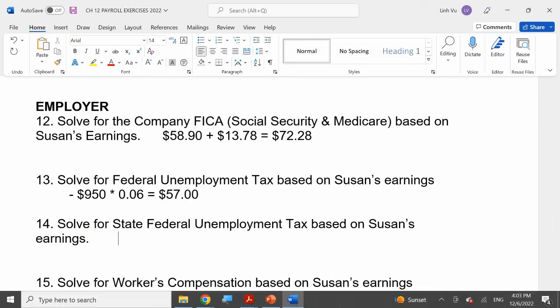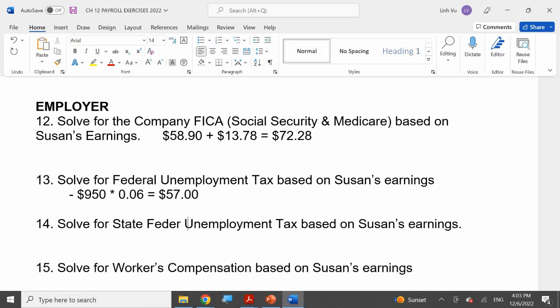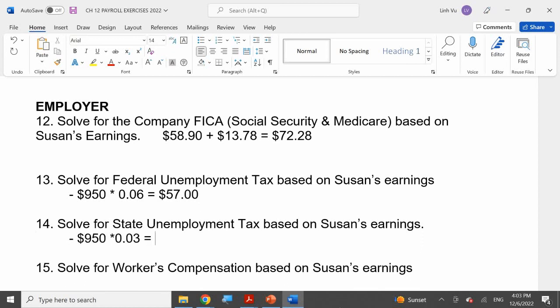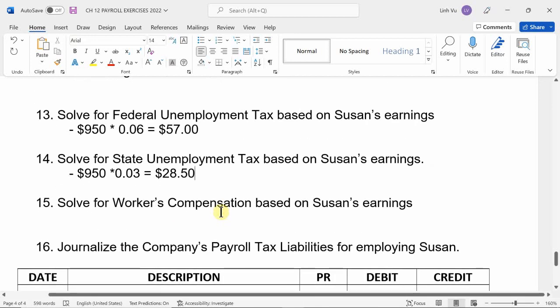What about state unemployment? We're going to use 3%. So what is 3% of 950? $28.50. Good.